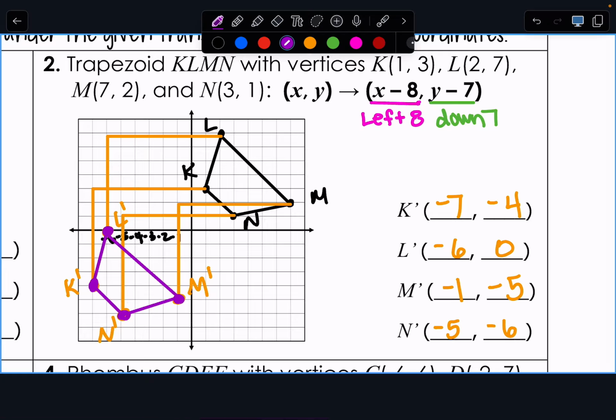Yeah, mine looks somewhat good. Does my purple trapezoid look the same size as the original trapezoid? Excellent.